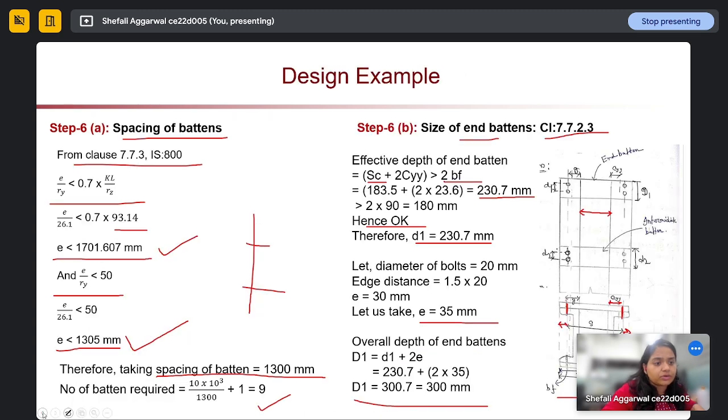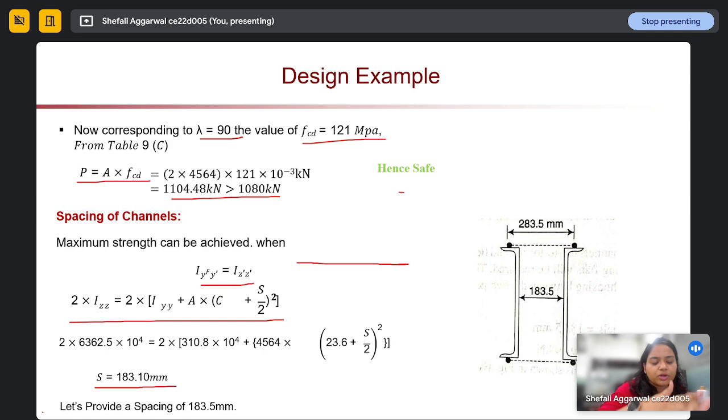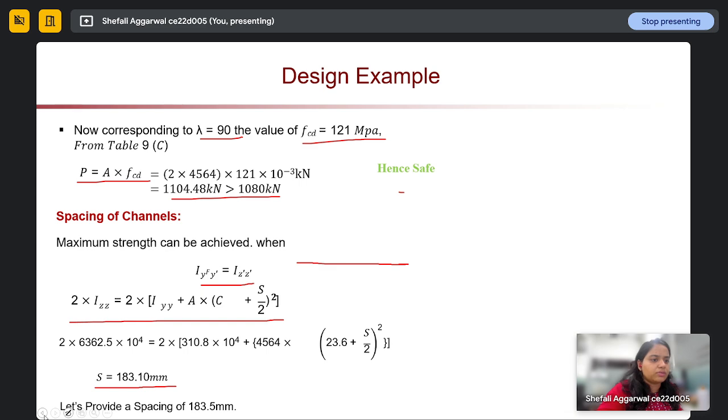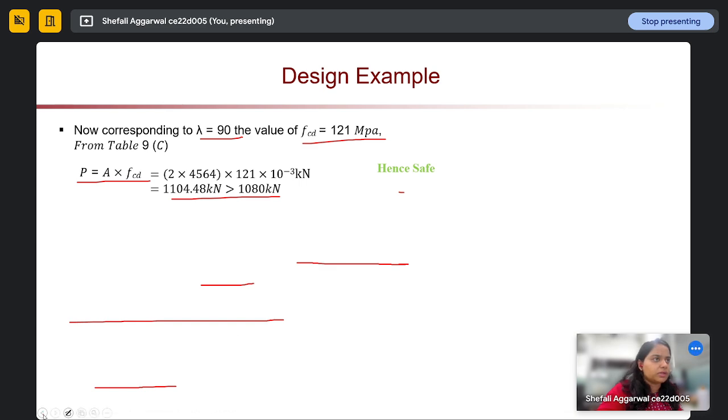So transverse shear is in the direction perpendicular to the load. And longitudinal is in the direction of load.